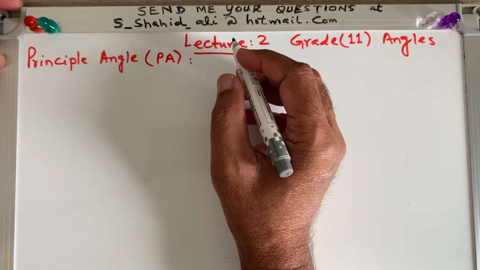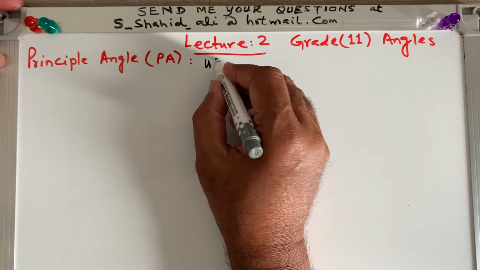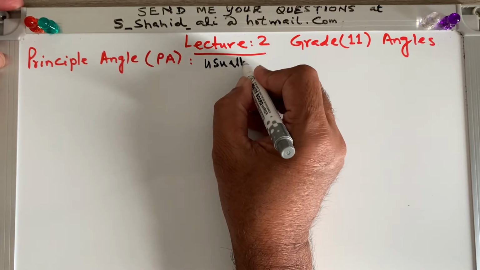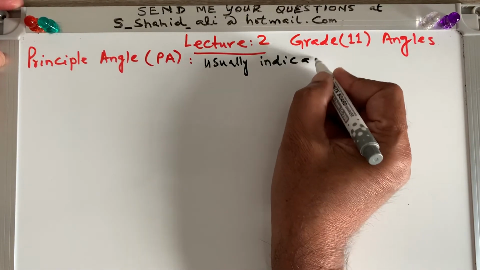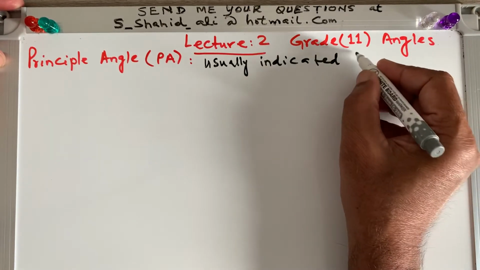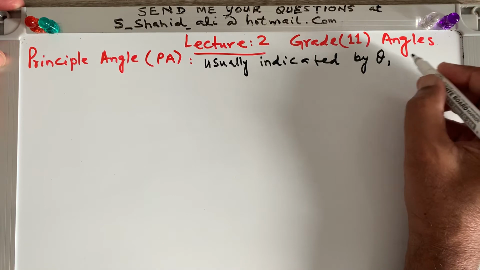So the principal angle, PA, usually indicated by theta. And what is it?